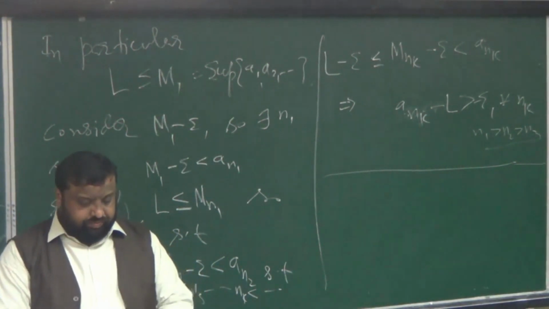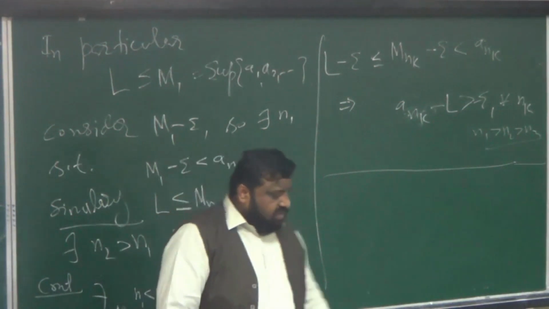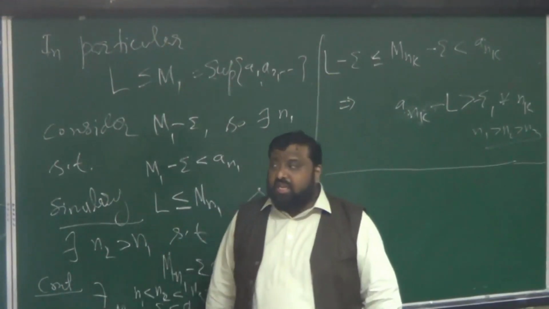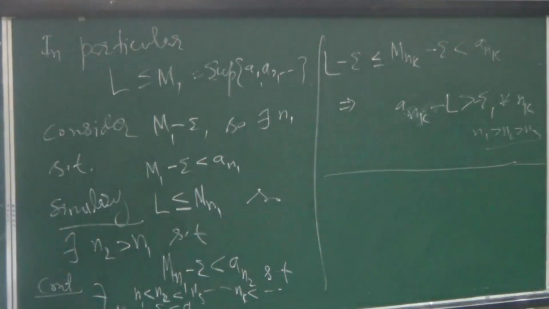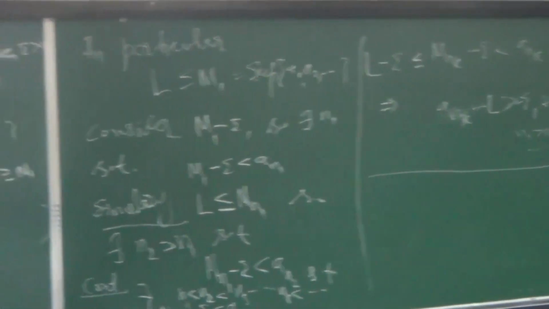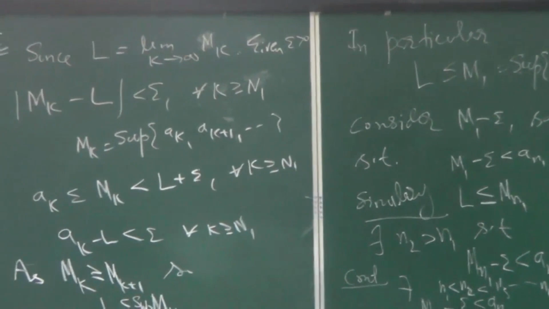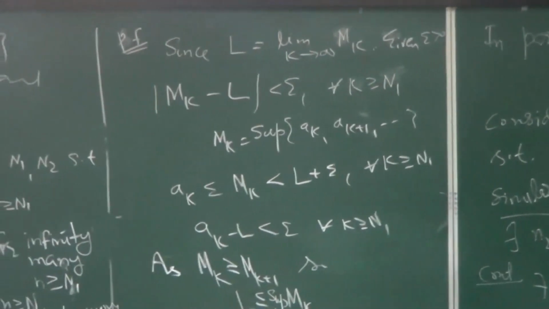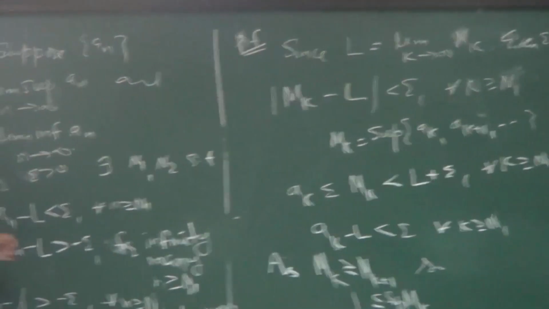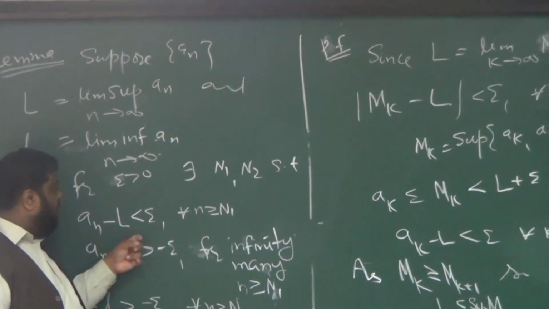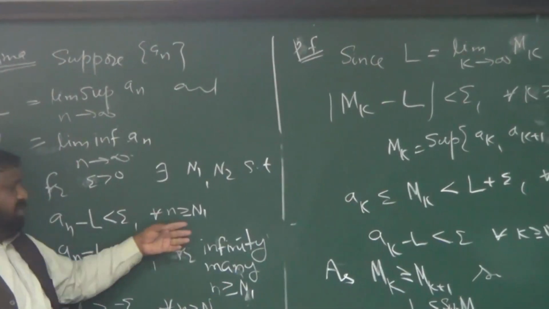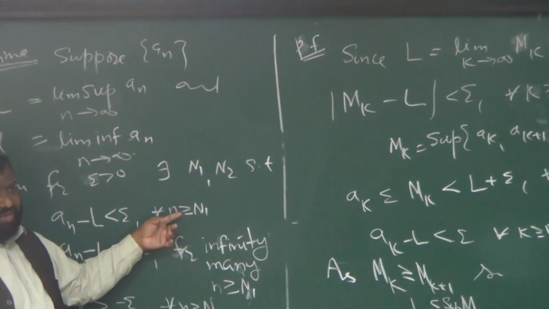Now, using this result, what's a summary of this result? The summary is that if I have a sequence and its lim sup, which is L, then the difference between the sequence and L is going to be less than or equal to epsilon for all n bigger than or equal to N1.